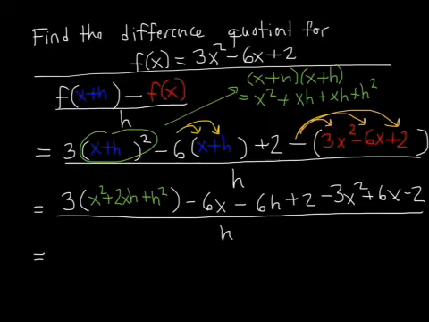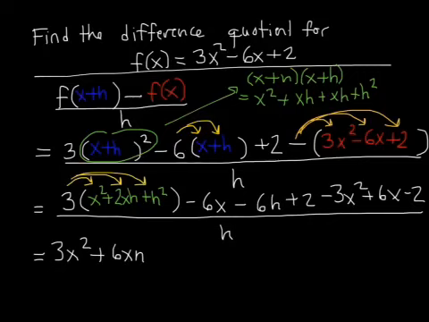I can do a little bit more simplification up here by distributing this 3 to each of the terms inside this set of parentheses. 3 times x squared is going to end up giving me 3x squared. 3 times 2xh is going to end up giving me plus 6xh.